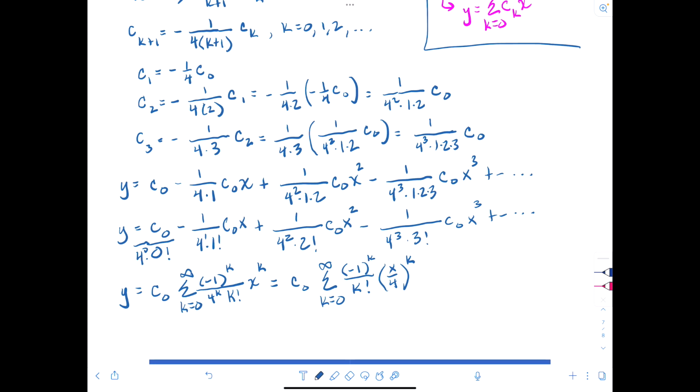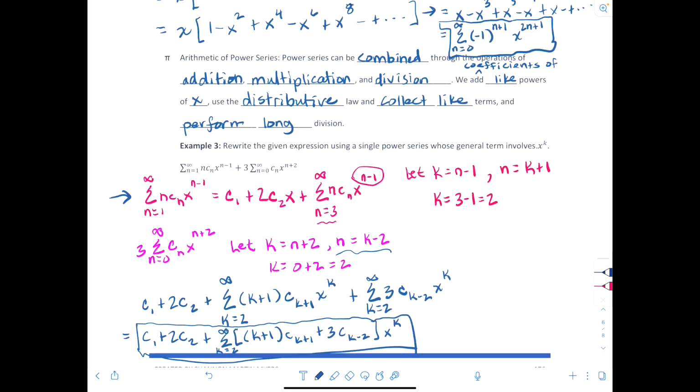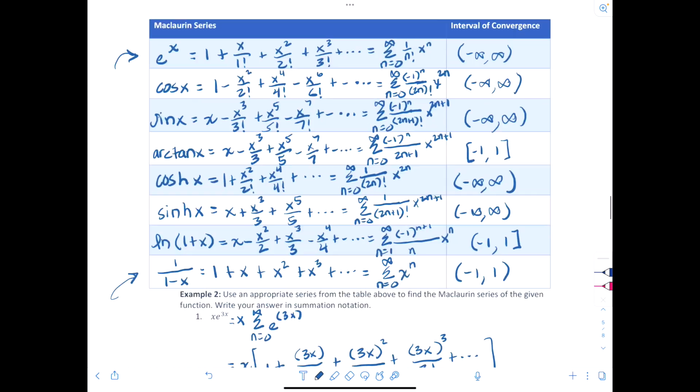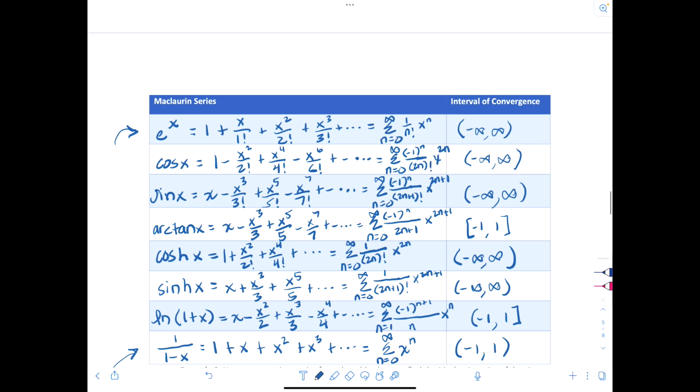Now, does that remind us of anything? Well, if you look back at the list, wouldn't e to the x alternate if it was e to the negative x? See how it has a 1 over n factorial x to the n? It's real similar. And so ours alternates, but it has that n factorial.